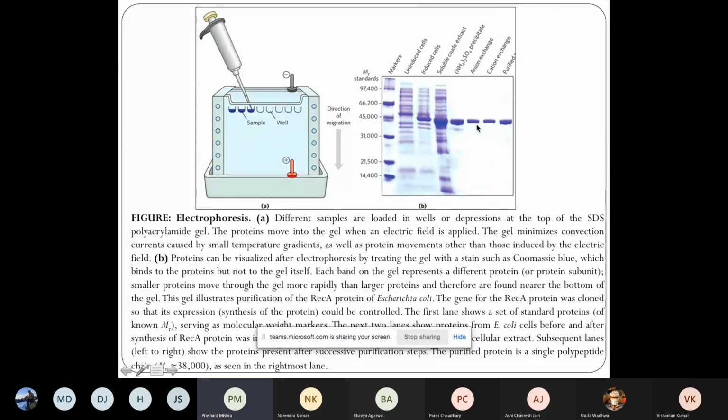So what you find is that the purified protein will have a single band. Of course, it is not showing many bands. For example, in ammonium sulfate precipitation, you can see more than one band. In the same way, there are bands, but you will find very faint bands after anion exchange chromatography or cation exchange chromatography. And in case of purified protein, you will not see any other band.